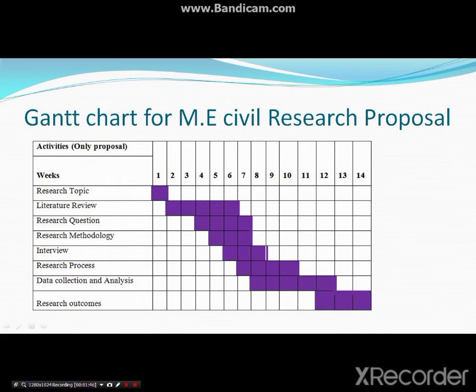So this is the bar chart or Gantt chart for an ME Civil research proposal. In the first week of the proposal, the activity shown is that the research topic is going to be decided.